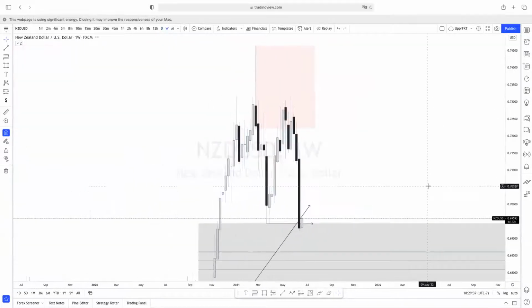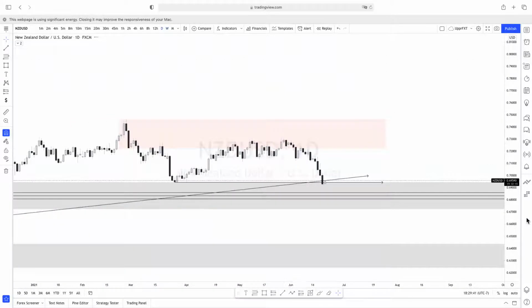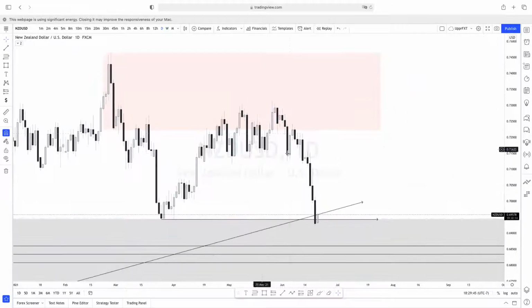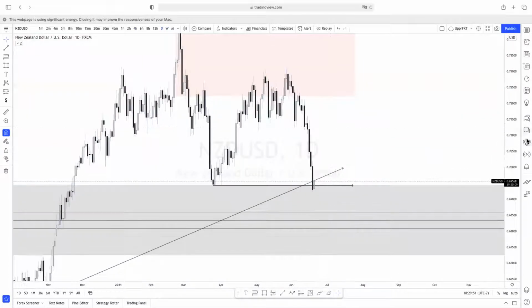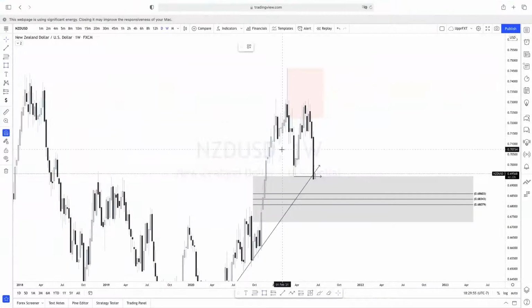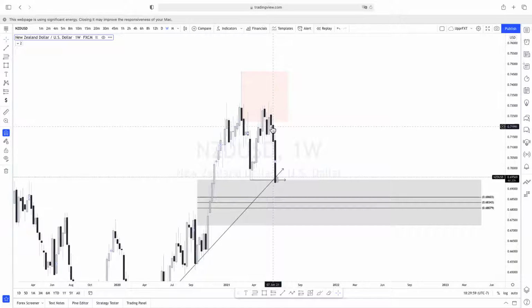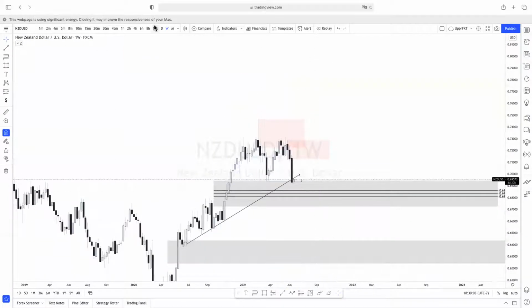Go back to the weekly, we have a better look. I don't really see a specific zone right now. If you want, I'll use this. Okay, this is the last down candle, right? That broke these prices.